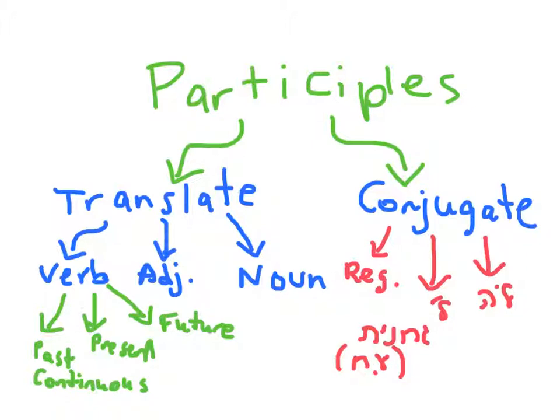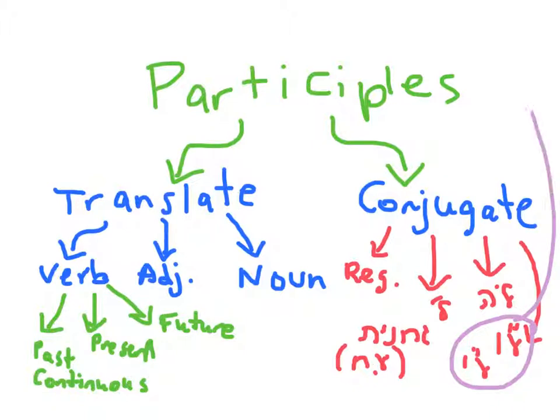And we also saw how to conjugate participles when there's a vav or yud in the middle of the shoresh. We also spent time learning how to differentiate an ayin vav or ayin yud shoresh when it's participle or past tense. So that concludes our study of participles from Units 1 and 2.